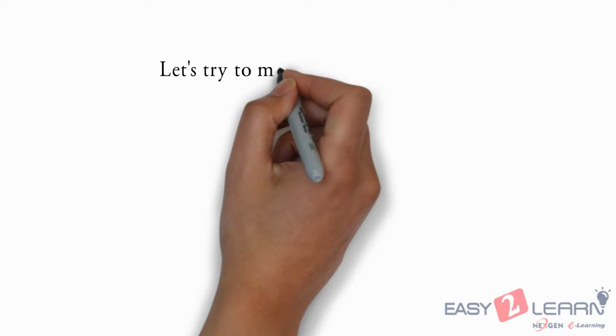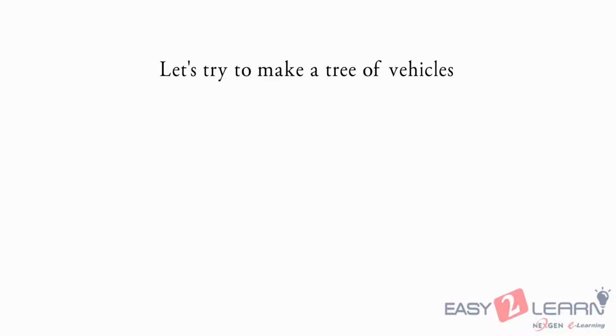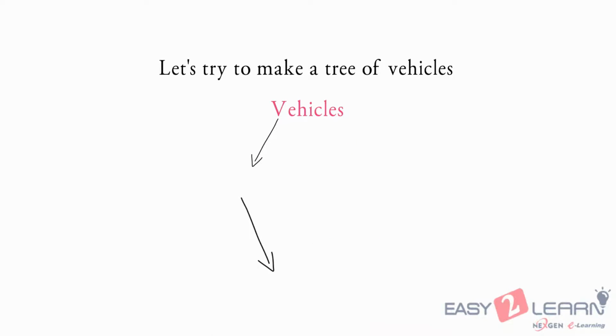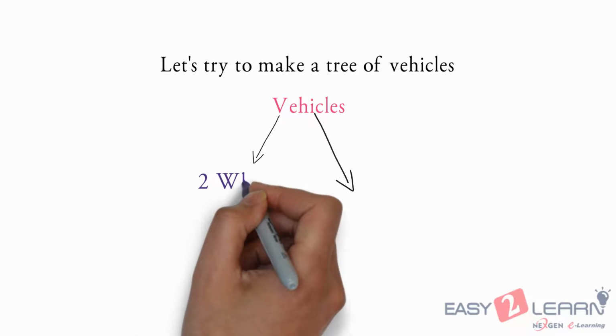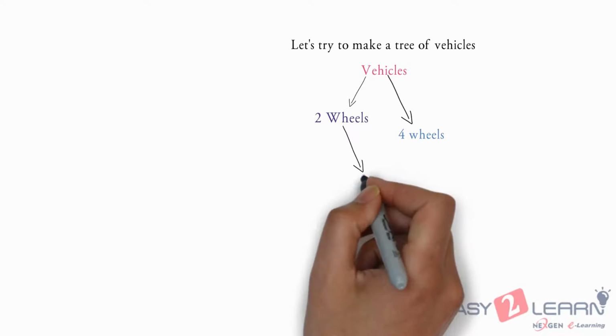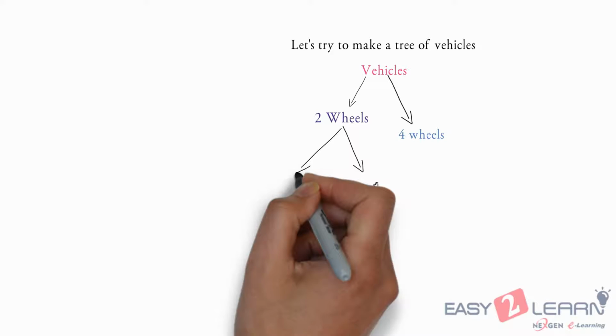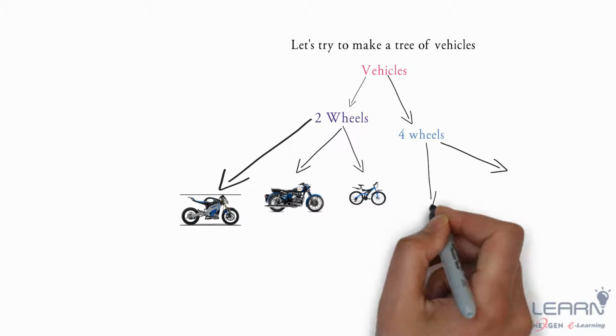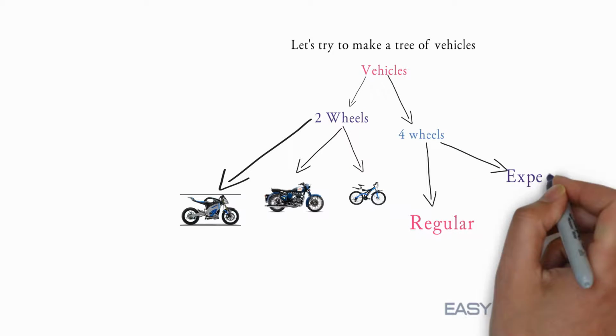Let's try to make a tree of vehicles. Vehicles are subdivided into two-wheelers and three-wheelers. Once again, two-wheelers are of different kinds: a bicycle, a motorbike, and a bike of another company. Four-wheelers are once again divided into regular and expensive.